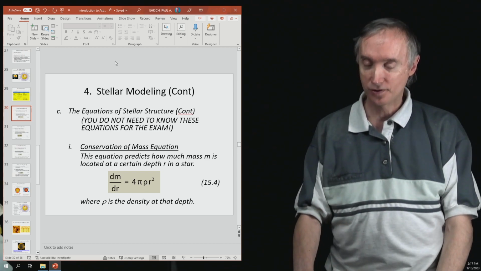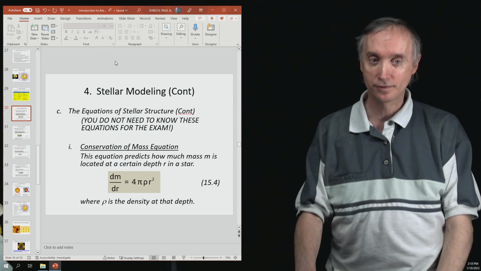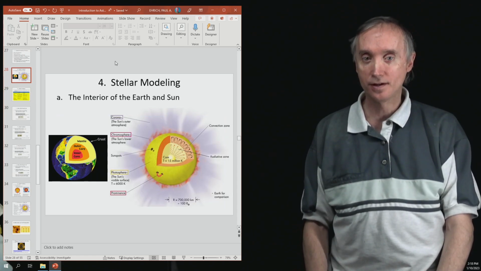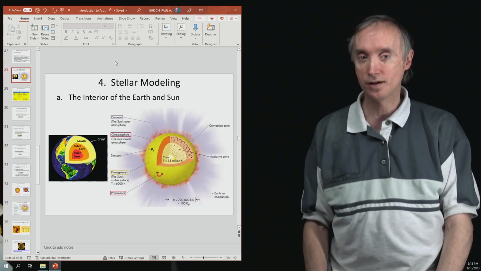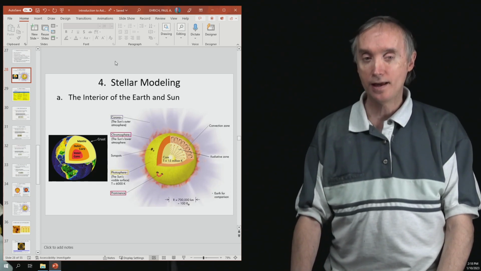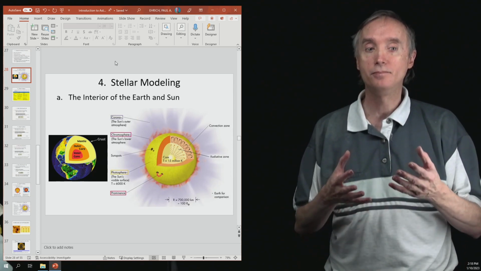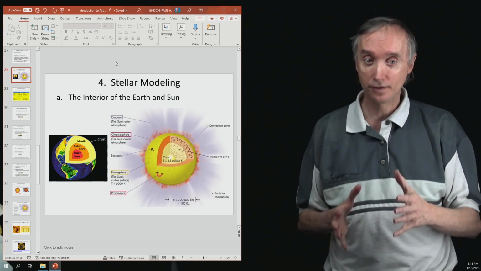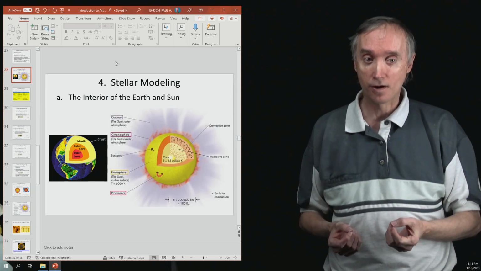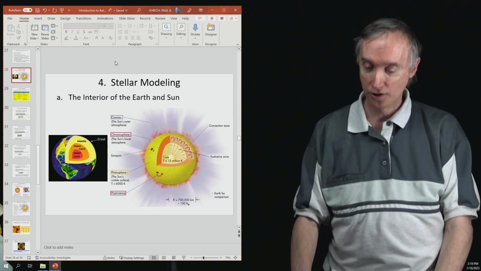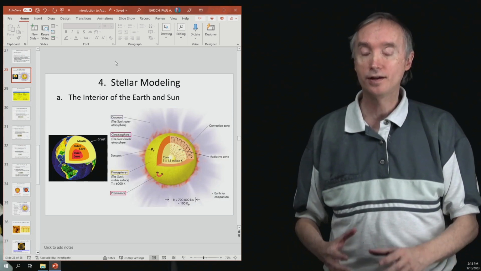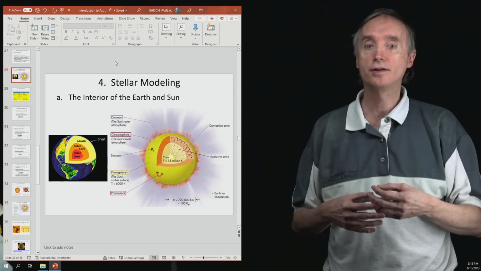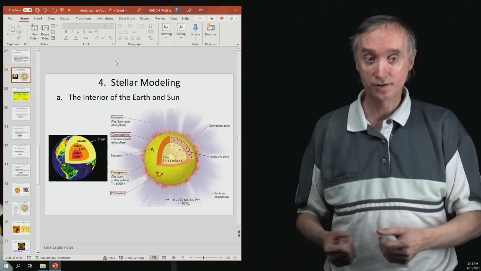And so when you solve all of these equations, that's how we think that we know that the sun has these different kinds of layers associated with it. Now, is there anything that we could physically measure about the sun that would prove that our calculations are correct? Yes, there is. Do you remember that we could attach a photometer to our telescope, and that would tell us the brightness of the sun?